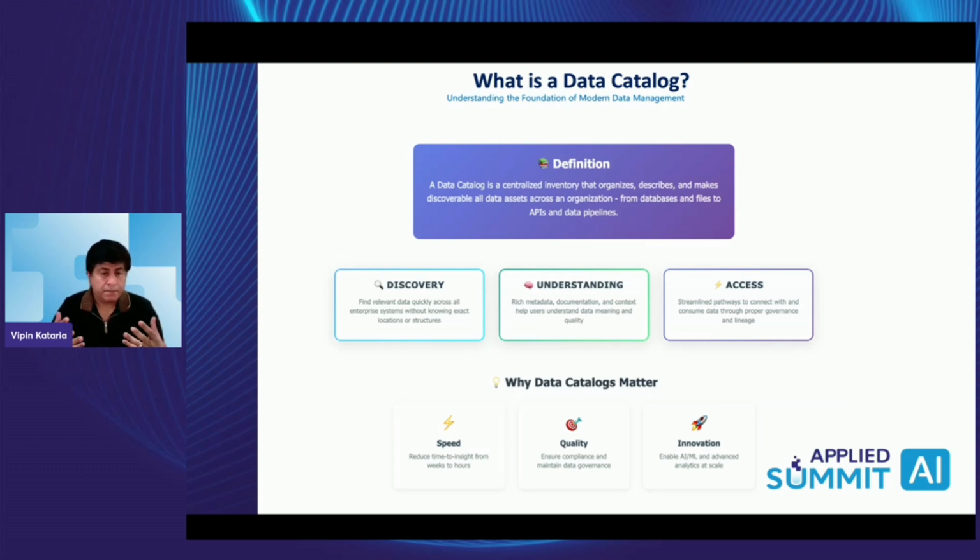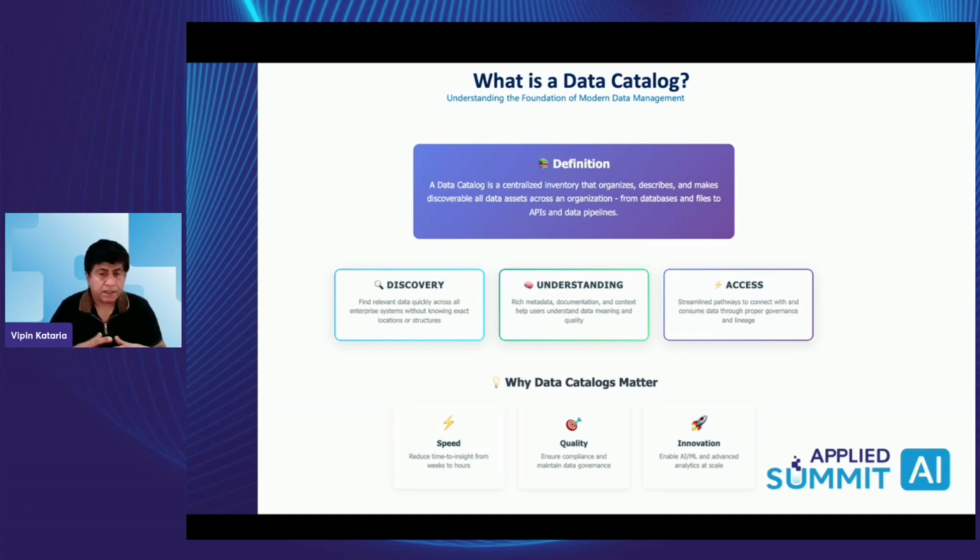And it does three main things. The first is making your data discovery much faster. No more asking around for weeks trying to find one data set. It helps you understand what the data actually means, basically the context around it. And the third, it provides easy access with proper governance.